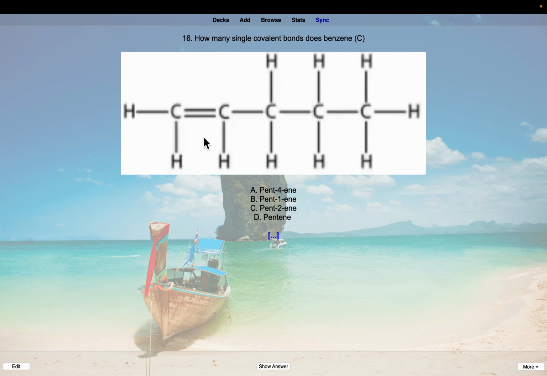You choose a direction in the sense that in this illustration, the double bond is closer to the left, so we start from the left. If ever this double bond was on the right instead, then you start counting the carbons from the right. So pent-1-ene, that may be correct. Pent-2, nope.